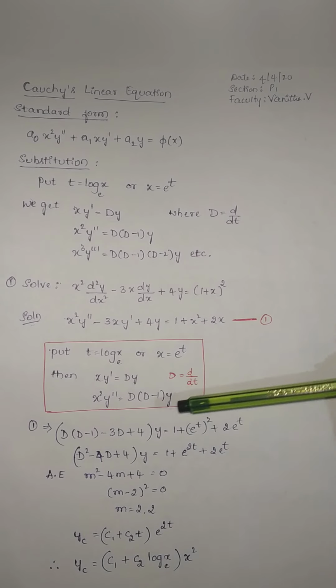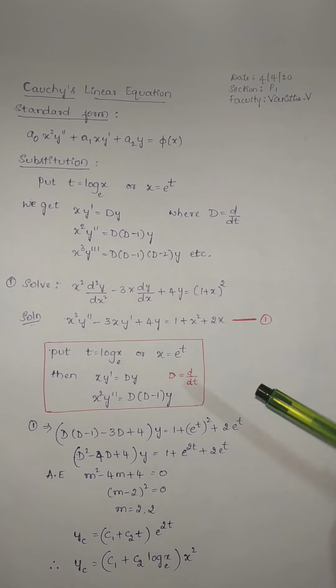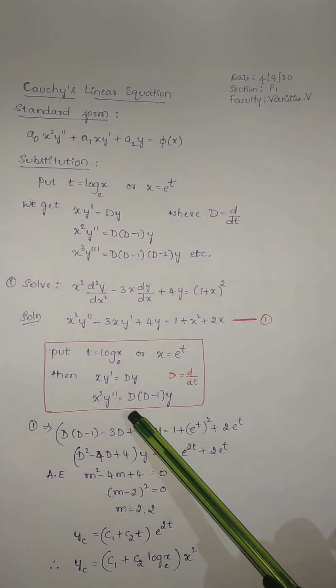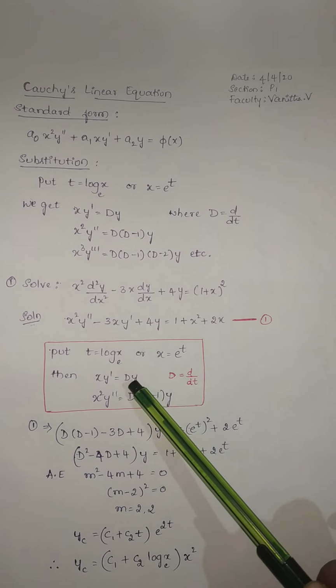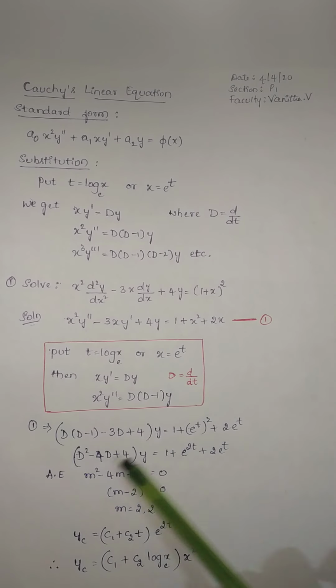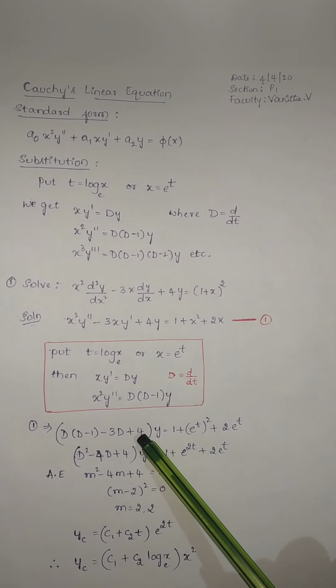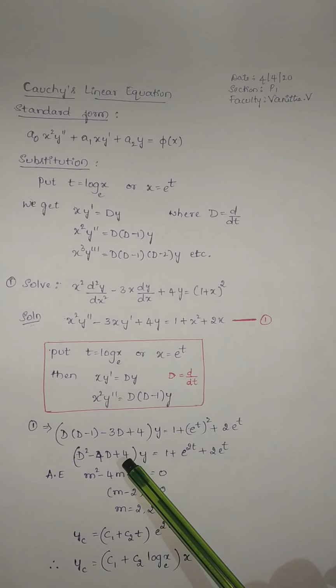Now substitute these two in the equation. So x² y'' is D(D − 1), minus 3 as it is, x y' is Dy, plus 4y as it is. Taking y common and simplifying the terms inside the bracket, you will get D² − 4D + 4.